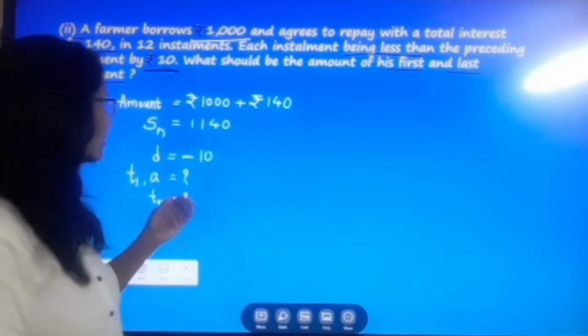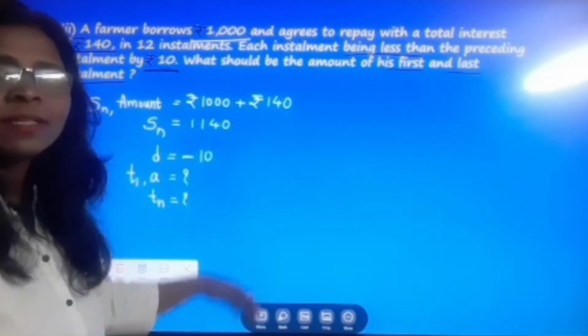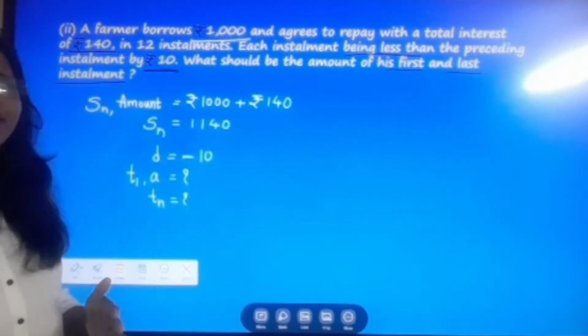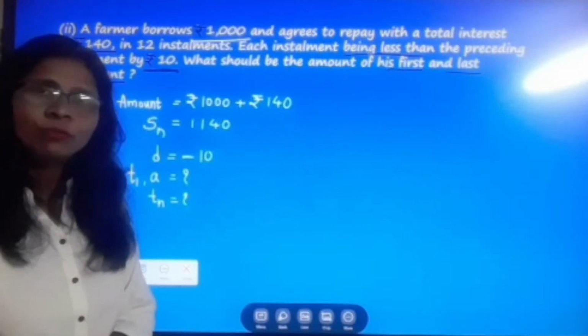So these are the given values, and these are what we have to find out.